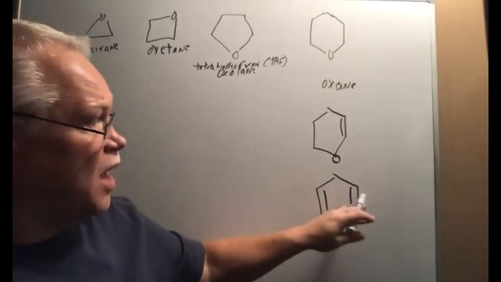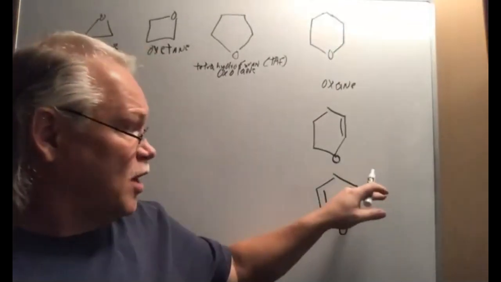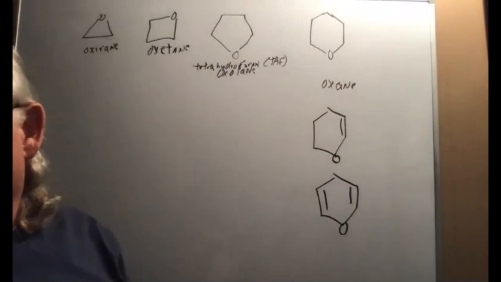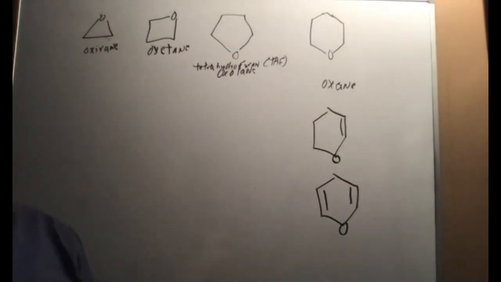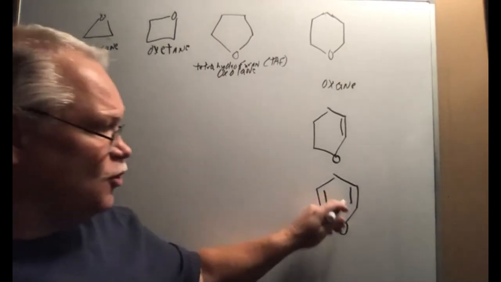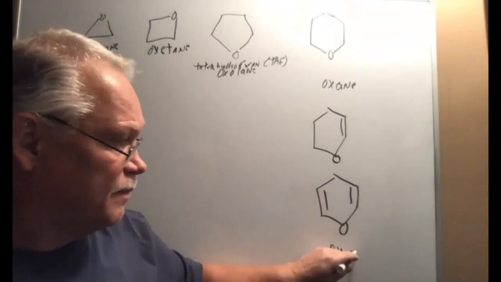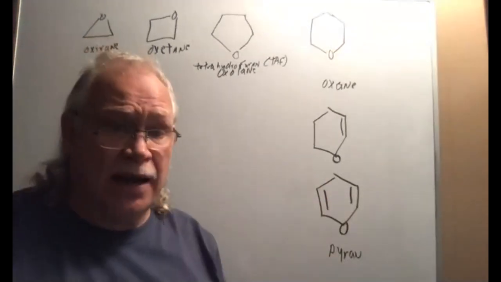And notice both double bonds are in conjugation with the oxygen. Notice what I mean by conjugation: double bond, single bond, and then the oxygen. Okay, so if we have the 6-membered ring with 2 double bonds in it, it's called pyran. So the common name for this is pyran.